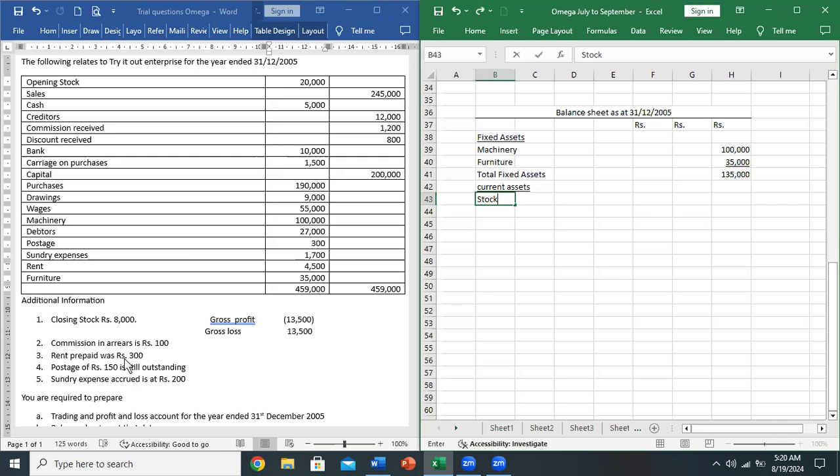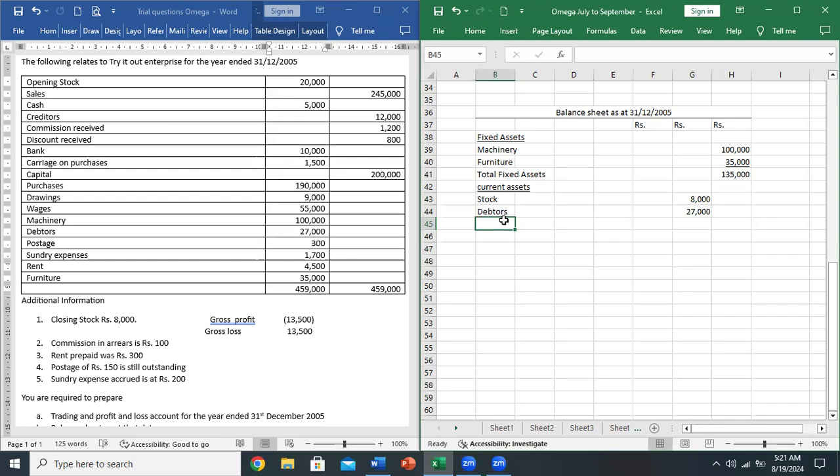Please don't pick the opening stock, the closing stock. 8,000. After that, then you move on to the debtors. Okay. And the debtors is 27,000.